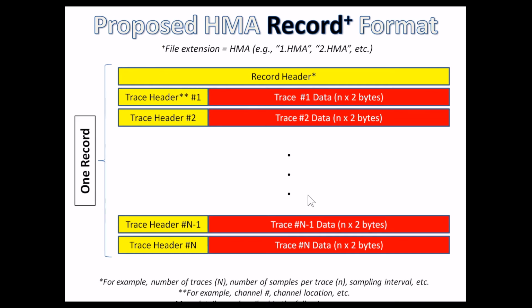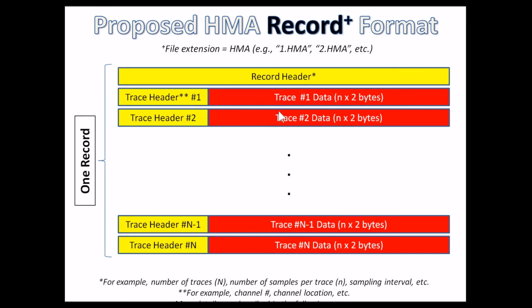If this record is obtained by using n channel acquisition, then there will be n trace elements, and each trace element will have its own trace header at the beginning, and then come a fixed number of data samples like this.